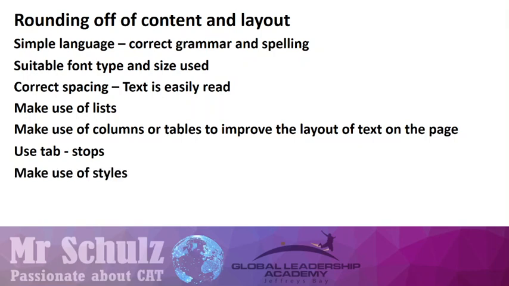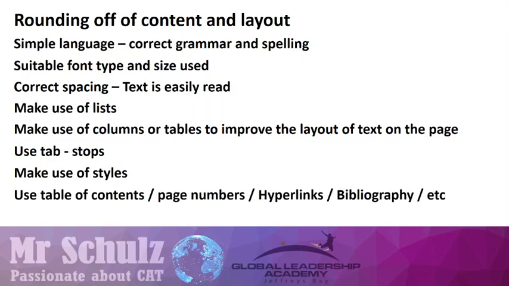You can make use of styles. This is specifically important if we want to use table of contents, etc. But we can also use page numbers, hyperlinks, bibliographies, etc., bookmarks, and so on. So make sure that your document is well rounded off before you do anything else.